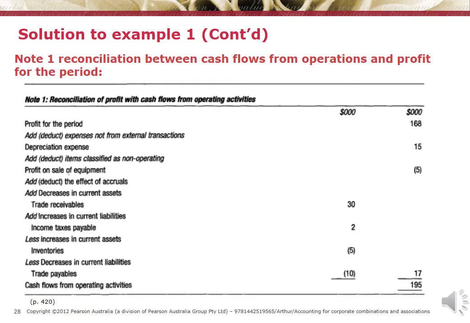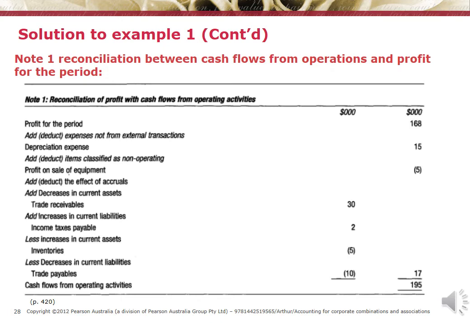How we do this is we start with profit for the period and we add back or deduct the changes in balances that relate to the operating activities for the period, and if we've done everything right, we should be able to reconcile the cash flows from the operating activities, which we calculated on the previous slide, to what we get here.